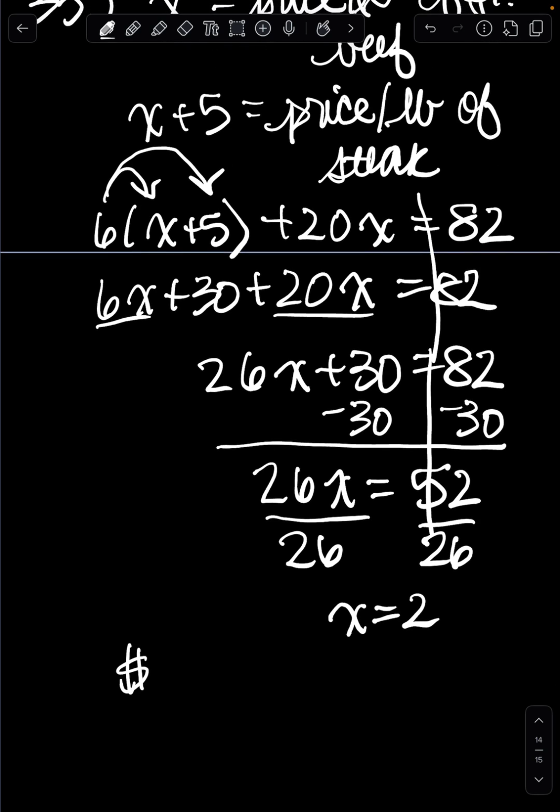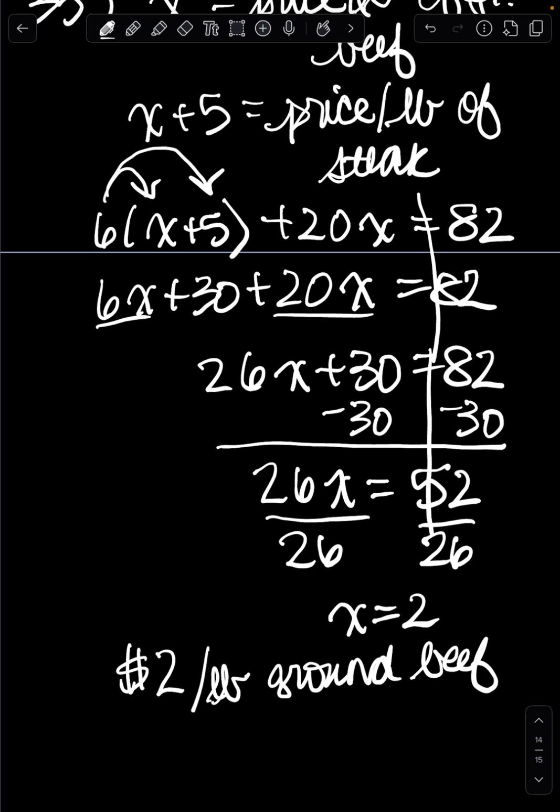So it's $2 per pound for the ground beef, which means it would be $7 per pound for the steak.